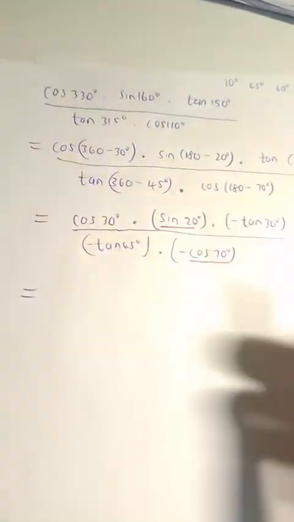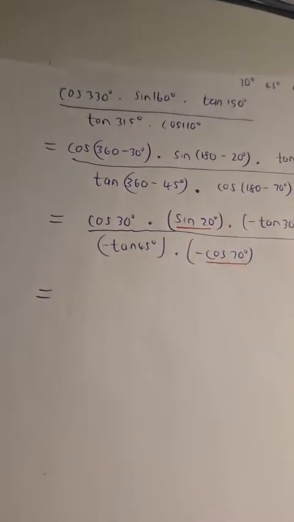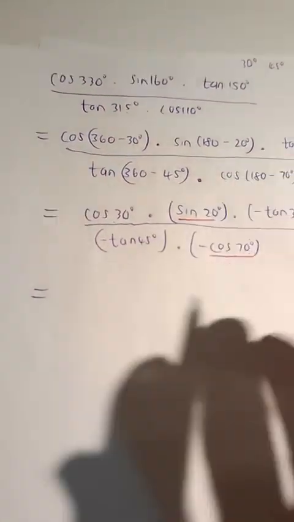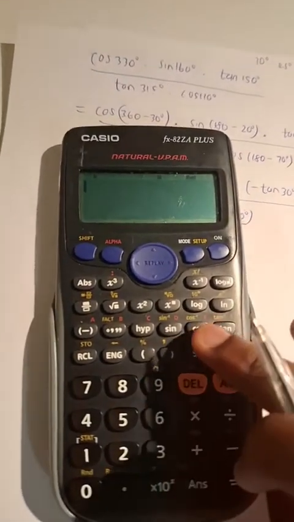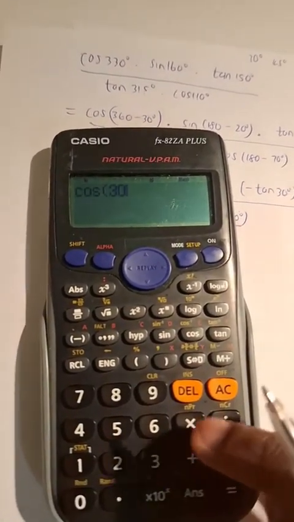But anyways, what I'm going to do is I'm going to first express these as special ratios. Cos 30, let's go, because that's where I get my next few marks.